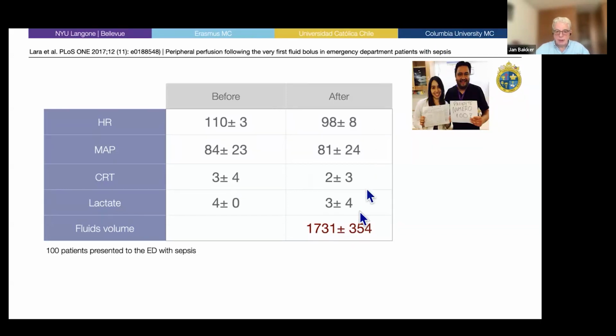So sepsis meant give fluids, and on average they received about 1,700 ml. Up to 2 liters in these patients. So they tried to comply with the 30 ml per kilo at that time. And on average, the capillary refill time normalized and lactate decreased a little bit.